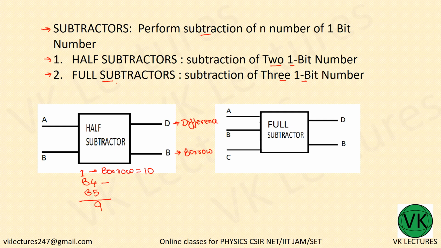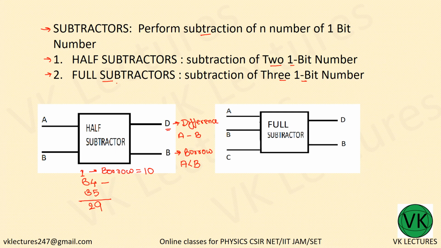minus 3, 2. Okay, but in the case of 1-bit numbers, your borrow value and the difference value will always be 0 or 1. So the difference is A minus B, and borrow will happen only when A is less than B. If A is less than B, then there is borrow.